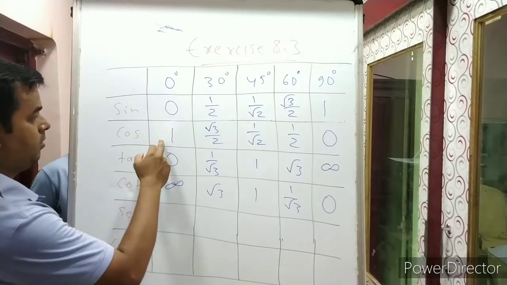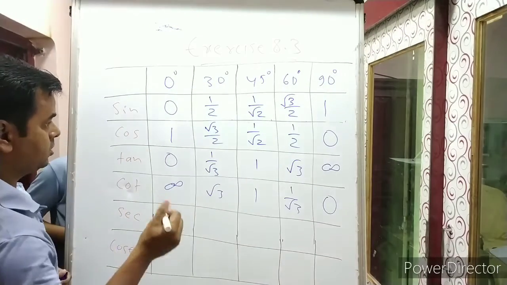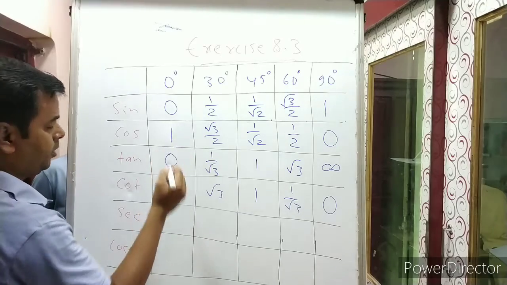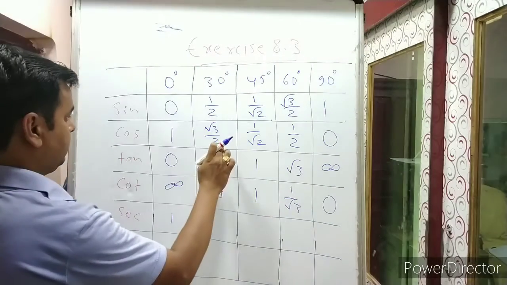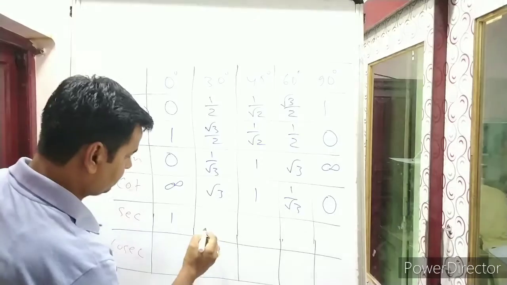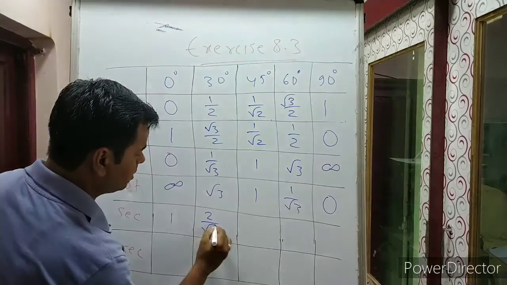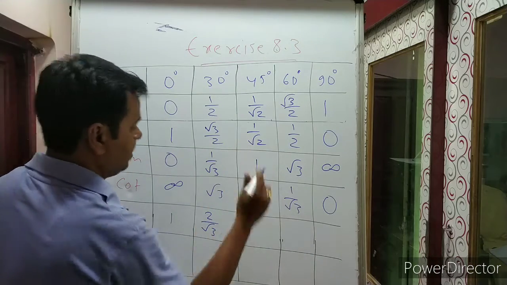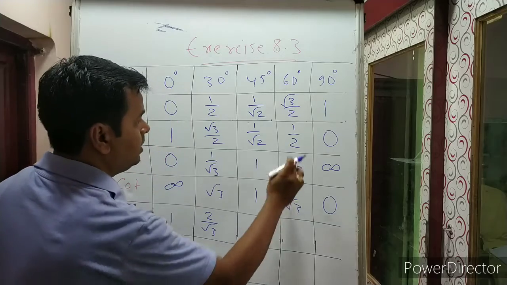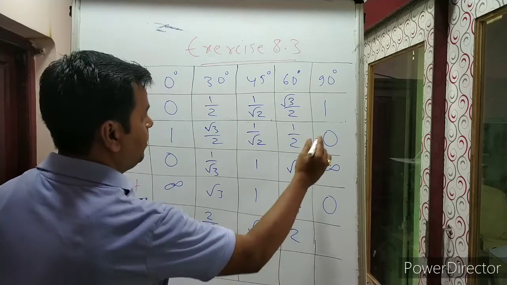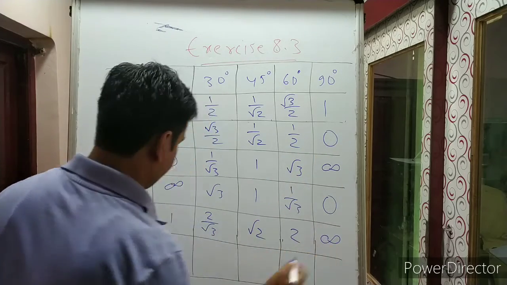Sec 0 is 1 upon cos 0, which is 1 upon 1, that is 1. Then this will be 2 upon root 3, this will be root 2, this will be 2, and 1 upon 0 is infinite.